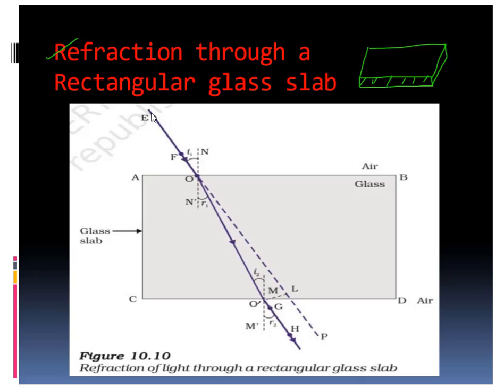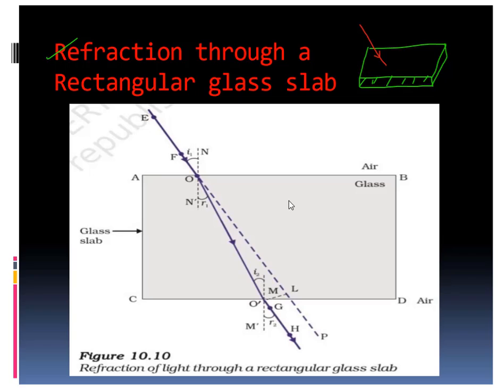Suppose EF is the incident ray of light which falls on this surface. So this is the line EF. EF is the incident ray that falls on the surface. Now from where is the ray of light coming? From the air medium.